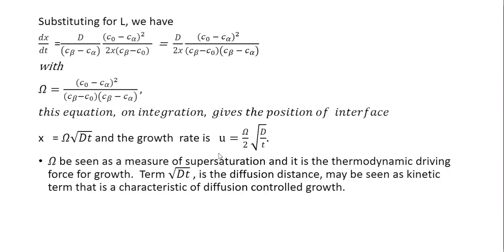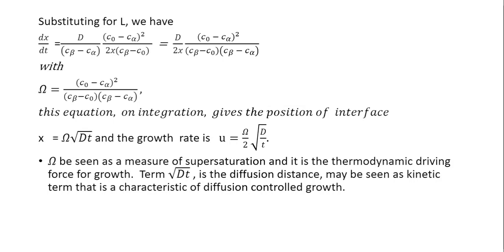That gives the position of the interface: x is equal to omega under root Dt, and the growth rate is u equal to omega by 2 under root D over t, where t is the time of transformation.